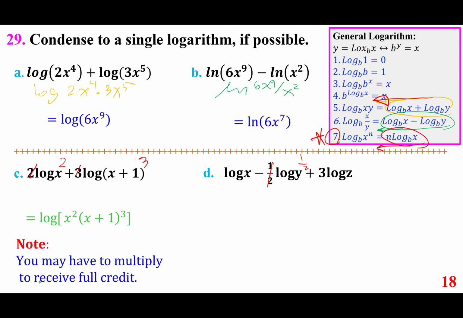And what happens, we do write log x plus 3 log z, and 3 log z also, let me do that. I put it here. So I'm going to write log x plus log z cubed minus log of y to the power of 1/2 is square root of y.